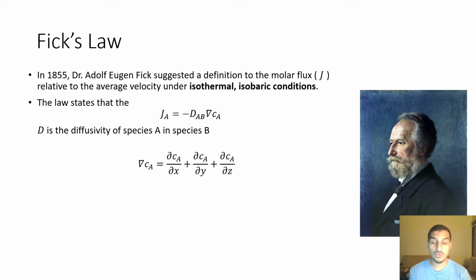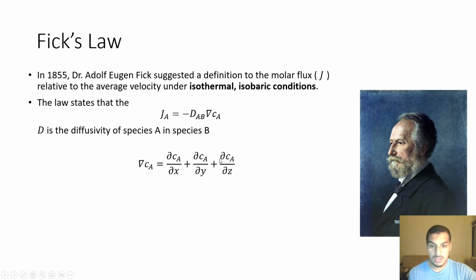Let's say we are using Cartesian coordinates, then the three space parameters are x, y, and z. In this case, the gradient of concentration is partial Ca partial x plus partial Ca partial y plus partial Ca partial z.